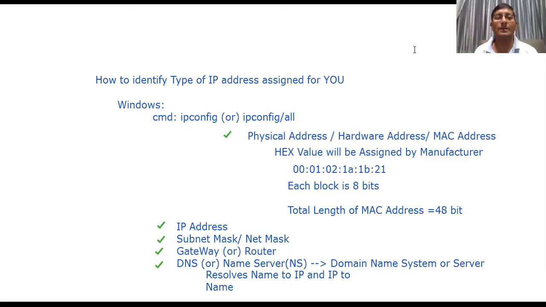So as an administrator, we need to know what is our IP address, what is our subnet mask. Net mask and subnet mask I will explain again in next slide. But right now you need to know how to read this information. We already gone through our system, right? Now I'm going to connect with the remote computer. I will show how to connect with PuTTY.